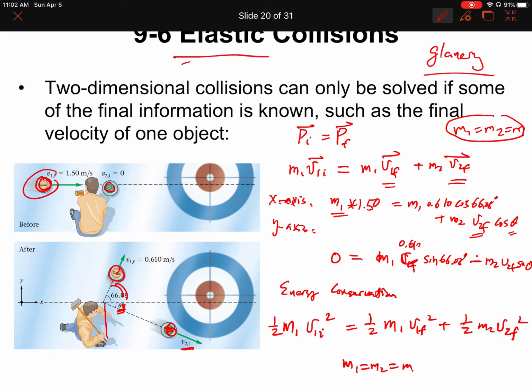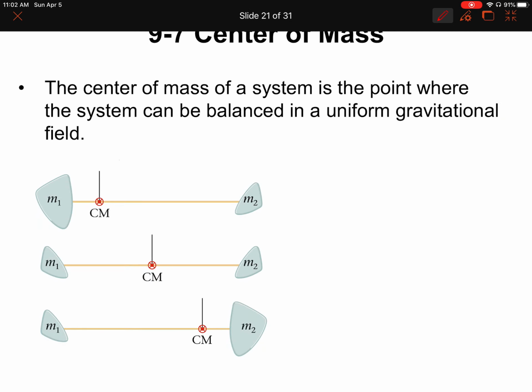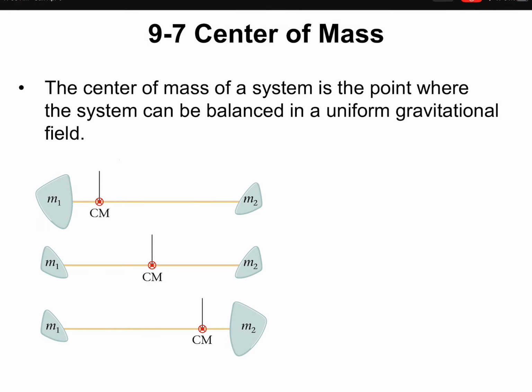So you have three equations, three unknowns, and then you can solve them. So V2F is unknown, theta is unknown, and m is unknown. Three equations, three unknowns: momentum conservation, energy conservation. So you can solve this problem. Okay. All right.